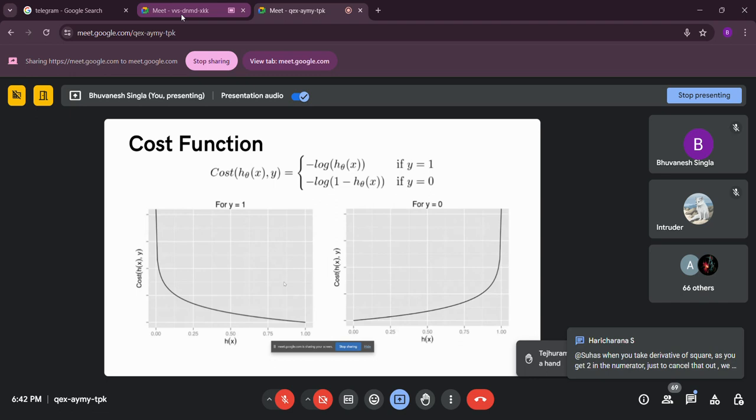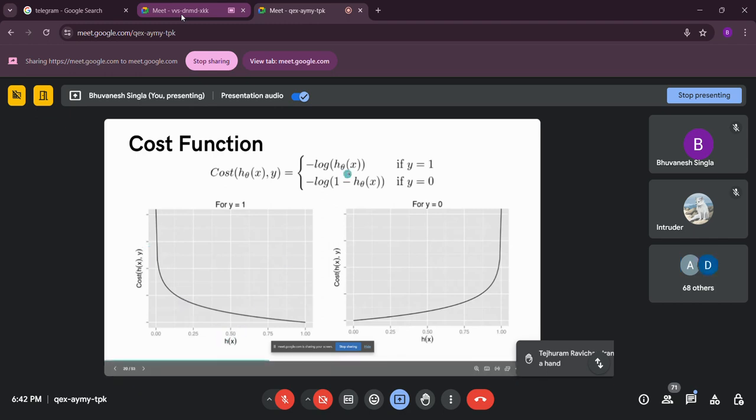So that's why we are using this cost function, which is minus log of h of theta x, where h of theta x is just our output y. So it's minus log of y if the actual value of y is 1, and minus log of 1 minus y if the actual value of y is 0. And this is how the cost function versus y would look for this new cost function.